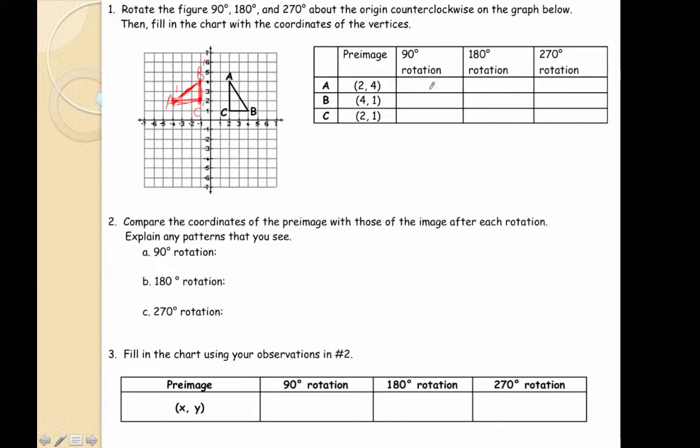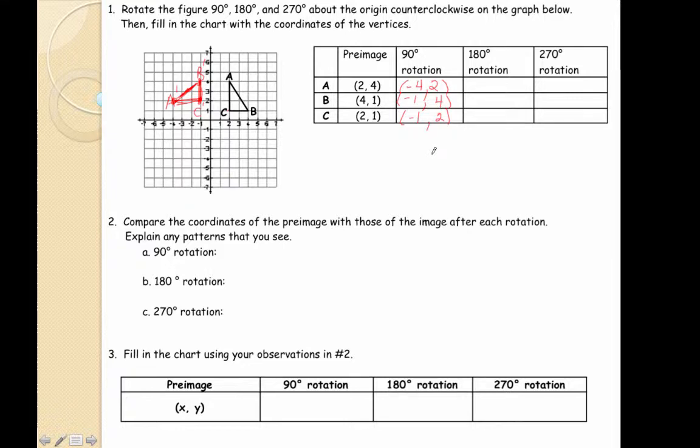So for the 90-degree rotation, A has gone to negative 4, 2, and B has gone to negative 1, 4, and C has gone to negative 1, 2.